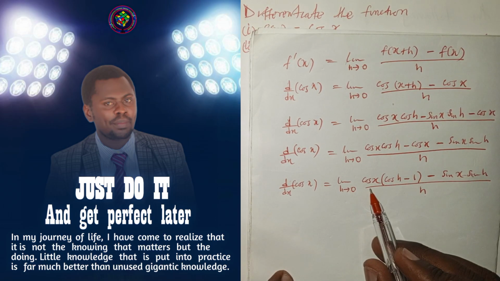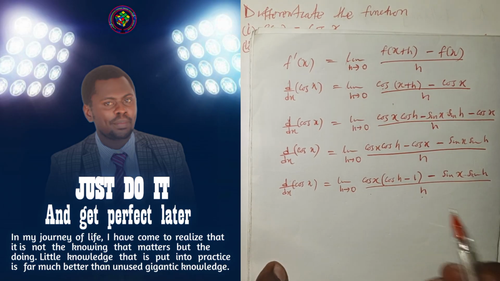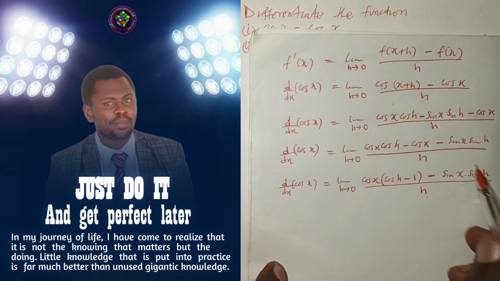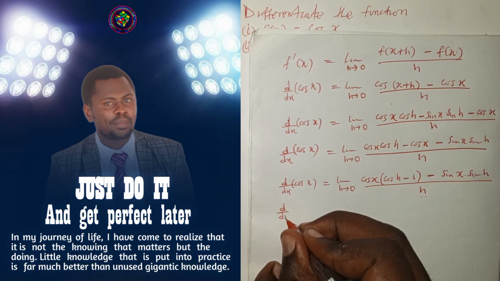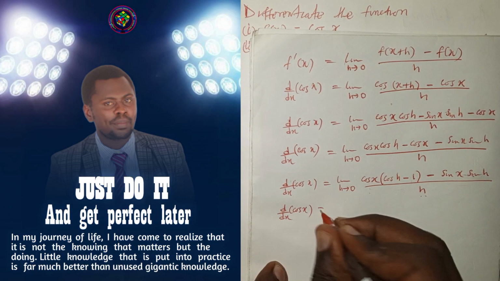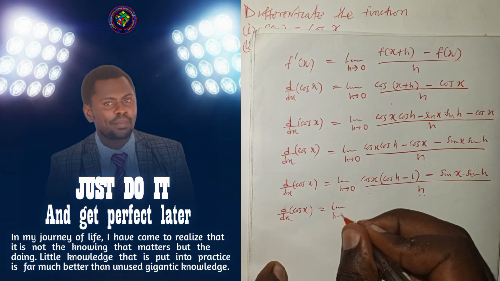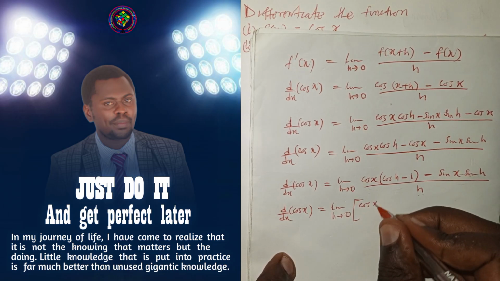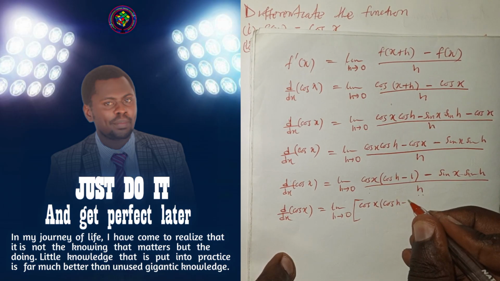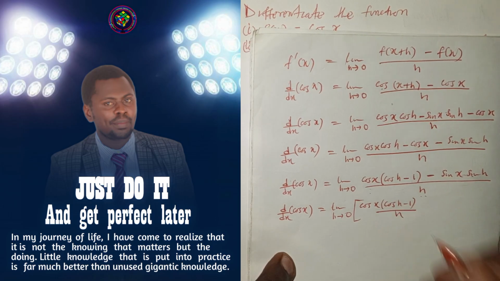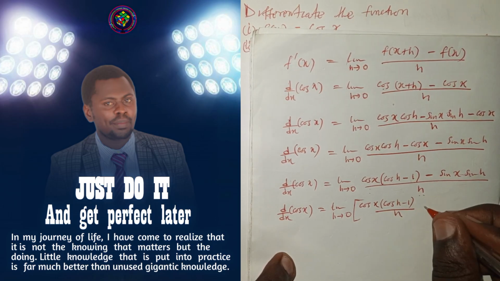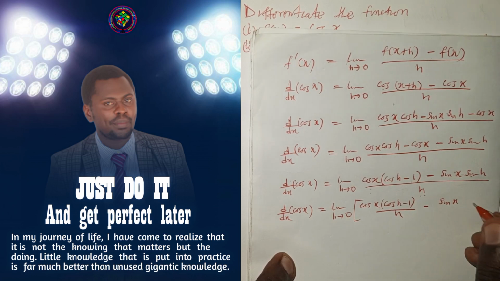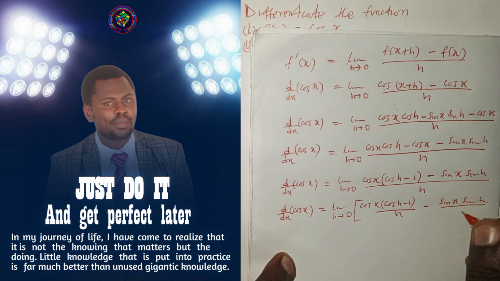Since we are dividing by h, we can have this by h and this sin x sin h over h. You separate the two. So we have d/dx of cos x is equal to the limit as h approaches 0, you can put this in brackets, cos x times cos h minus 1 over h, minus sin x sin h over h.